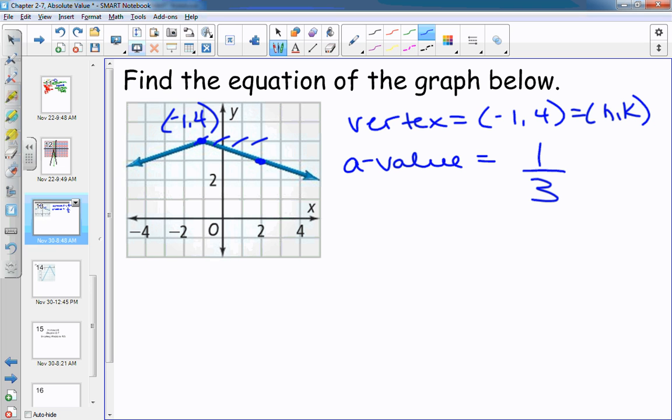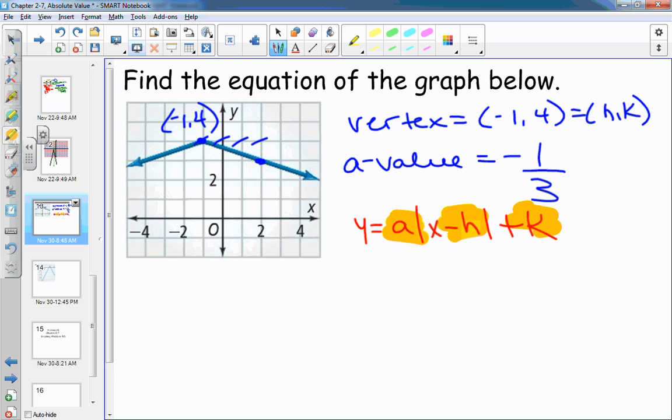So since it's a mountain, what does that say about my A value? That it is -1/3. So that means I go back to my standard general form and I plug in what I know. And what I know is A, H, and K now, don't I? And I plug it in.